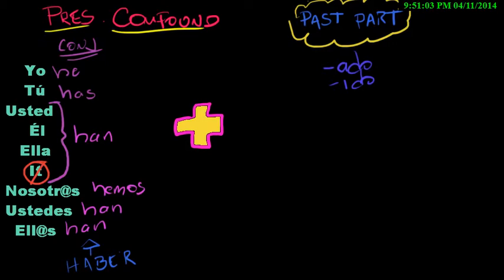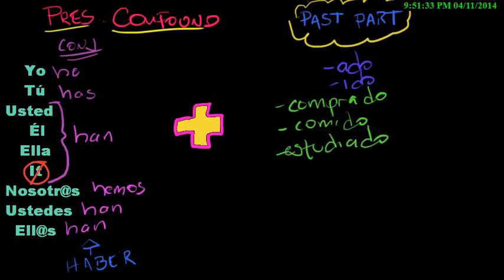For example, I have bought, yo he comprado. Have eaten, yo he comido. You have studied, tú has estudiado. You, formal you, he, she, and it.